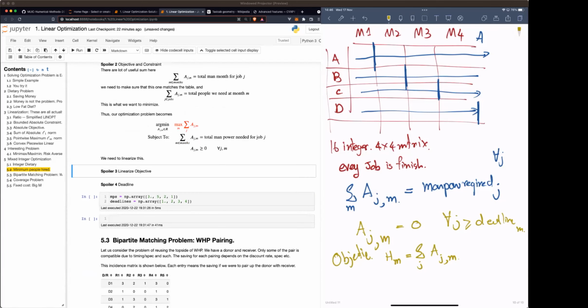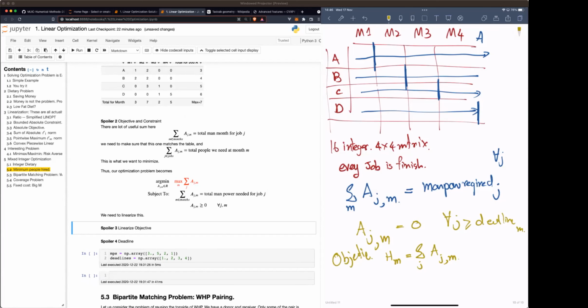I want to minimize the maximum number, which is what I skipped. Let's do it here. So this is what you want: minimize the maximum number among these. So we want to minimize the maximum. Let's call this: we want the argmin over our schedule of the maximum over every month of H_M.